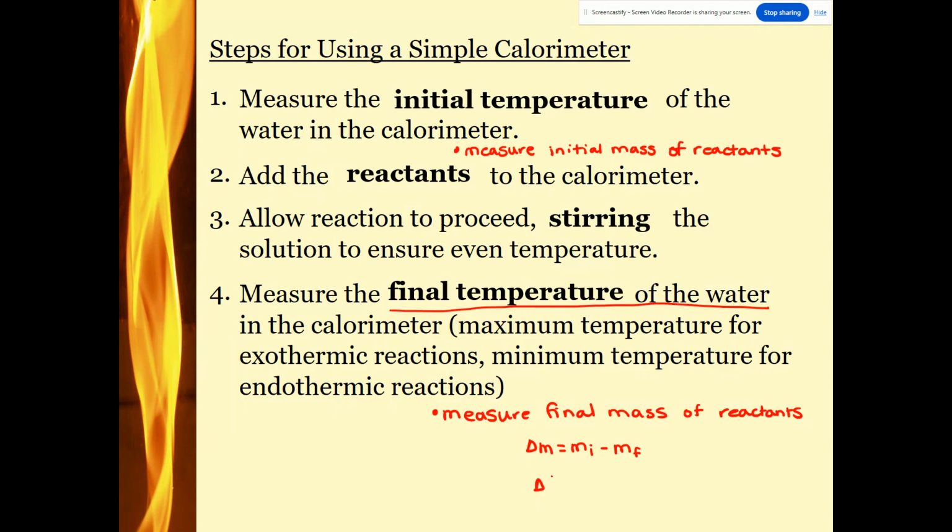Again, delta T will also be found, the temperature change of the water specifically, not the temperature change of the candle. We're not worried about the candle or any reacting substance's temperature change. We're focusing on the temperature change of the water. The water, again, being the calorimeter or the surrounding environment of our reacting system. That's what we're focusing the temperature change on. Okay?